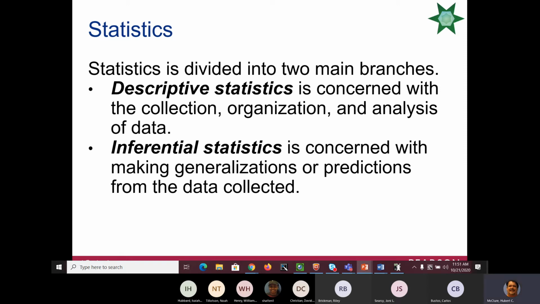Inferential is when you go out and get data. Like you go out and ask people what's your favorite color? And you ask 500 people what their favorite color is. That's inferential. So that's the two types of statistics.